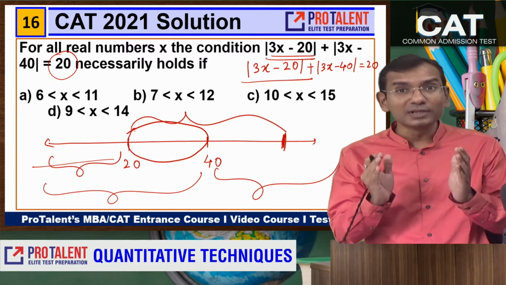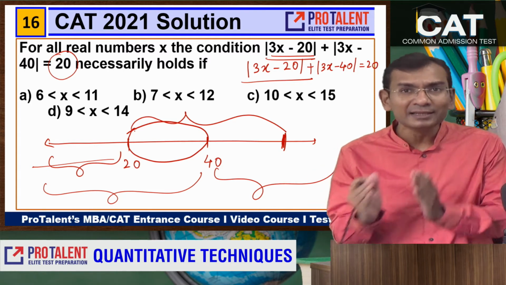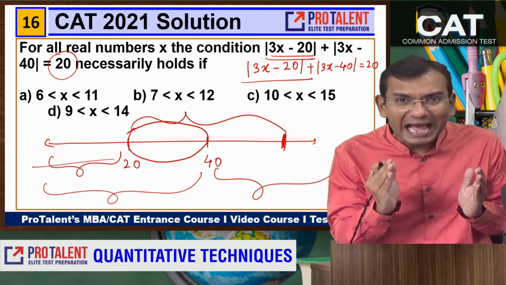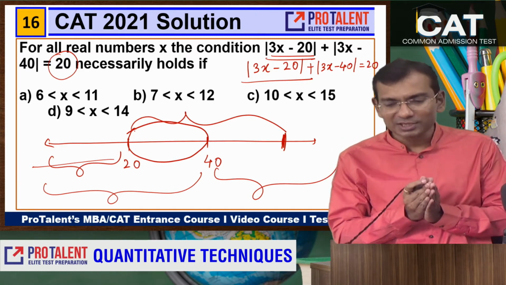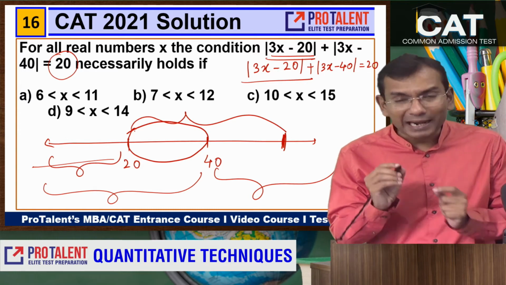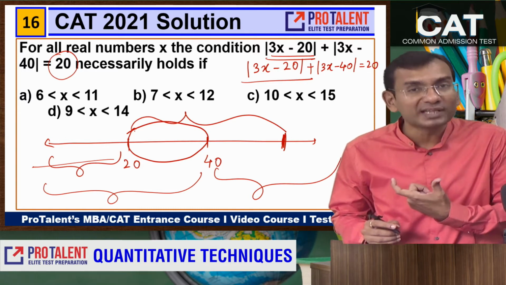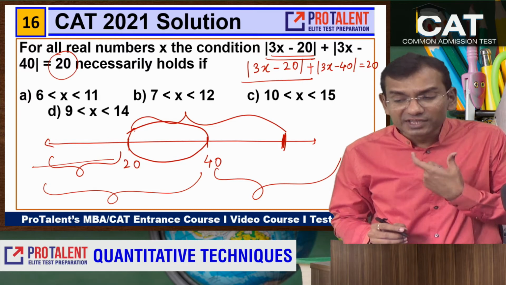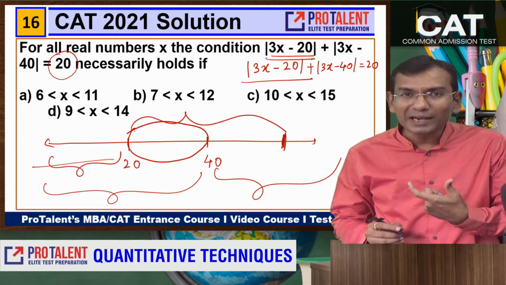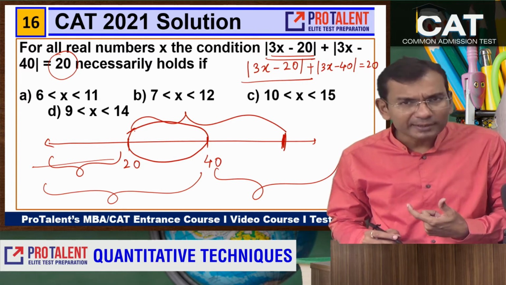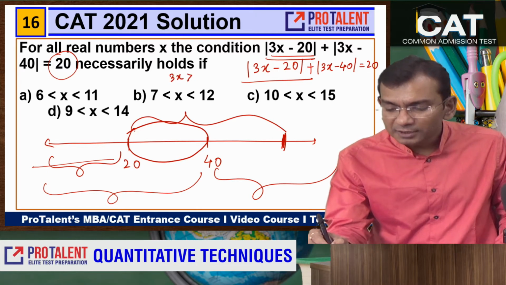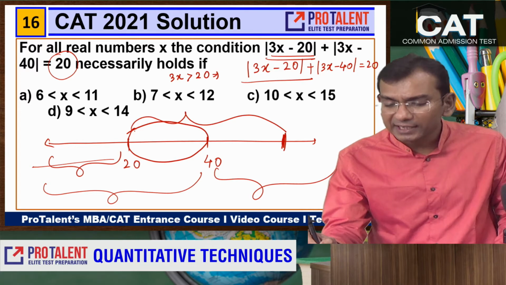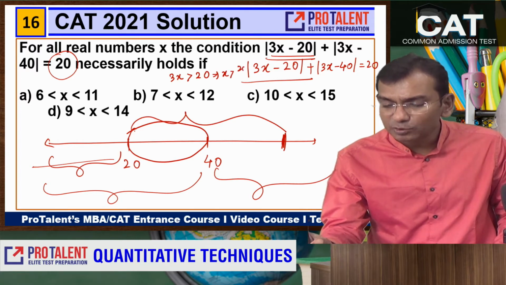So friends, modulus means that on a number line, the gap between two numbers is basically a modulus. So that means my 3x has to be between 20 and 40. One of the numbers could be 20. 3x could be 20. That means 3x has to be greater than 20, so thereby x has to be greater than 20 by 3.